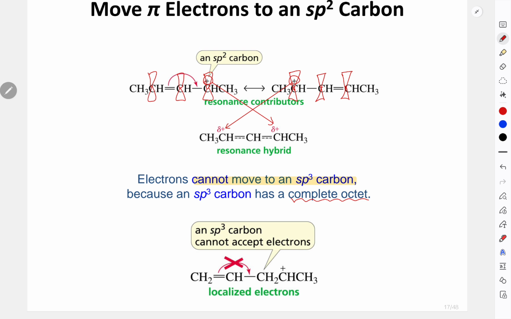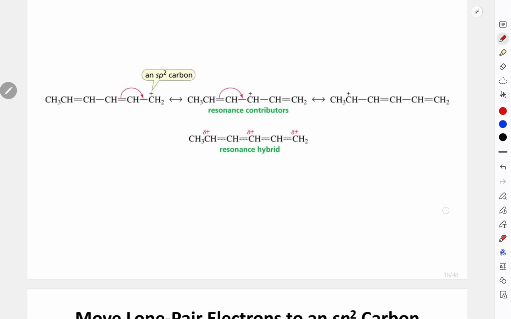In this example, you have a double bond here again, and then you have to think about the carbon next to it. But this carbon, unlike the other case, is sp3 hybridized. It has 4 different arms. There are 2 bonds to other carbons, and also 2 CH bonds.